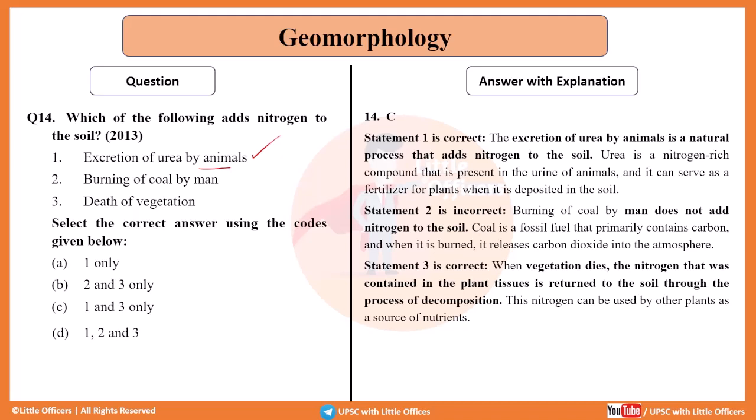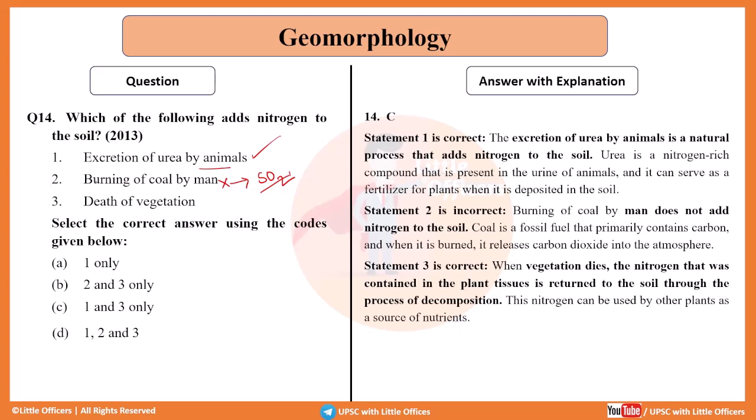Okay, then burning of the coal by man. See, burning of the coal, some people might say this could be true, but this is not, because burning of the coal by man could lead to releasing of the sulfur dioxide. Sulfur oxides can be released by the burning of coal, and carbon dioxide, carbon monoxide, etc., but not nitrogen.